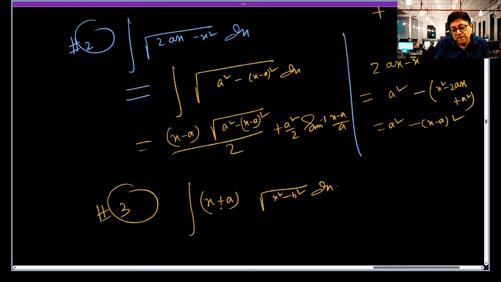Just think, x plus a multiplied by root over x square minus b square. You first think. Can you solve?